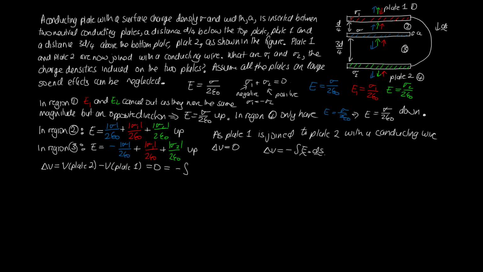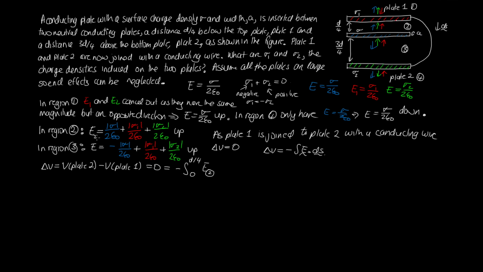So we're going from plate 1 to the inserted plate here. So we start at, it's in terms of ds, so we're considering displacement. So we start at 0 displacement from the top plate and we get down to d on 4, and that's the electric field in this region. So let's call that E2.